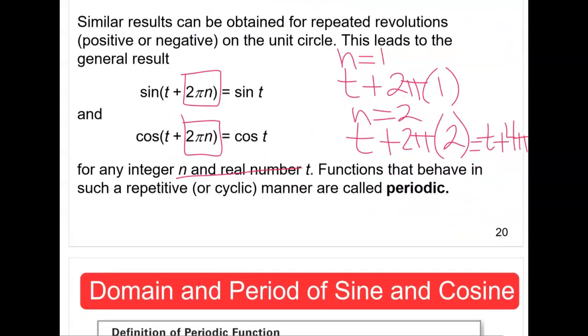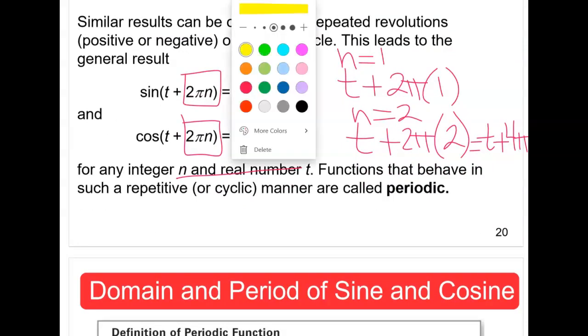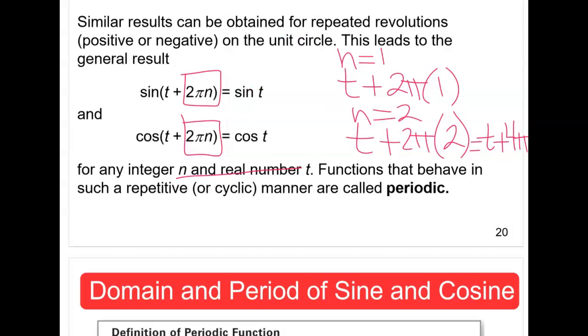We call this behavior cyclic, or periodic, and it's a repetitive behavior.